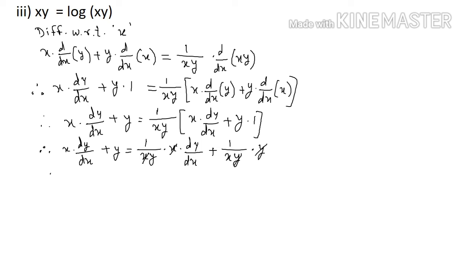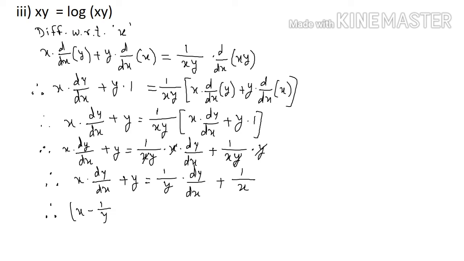So you get x into dy by dx plus y is equal to 1 upon y into dy by dx plus 1 upon x. Now let us collect the terms of dy by dx. So you get, therefore, x minus 1 upon y into dy by dx is equal to 1 upon x minus y.